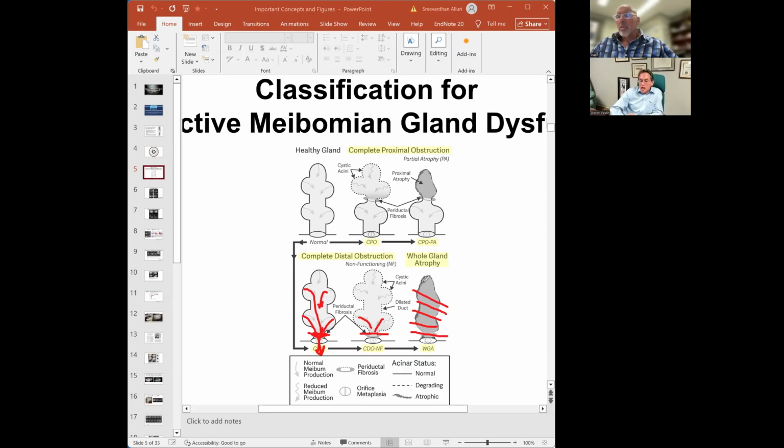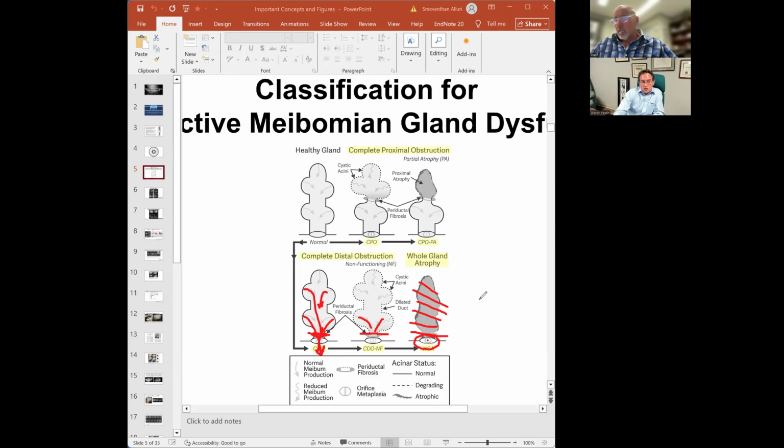Now, it's also important to note that when we made this illustration, we left the orifice intact. And again, Claire's going to put it right there. That's important because, as we'll see later on, the fact that the orifice is intact means that gland should be probed.